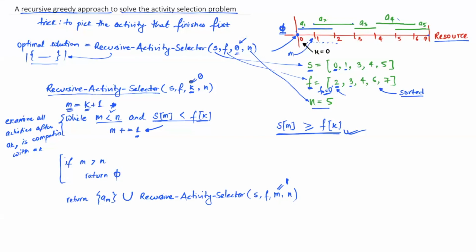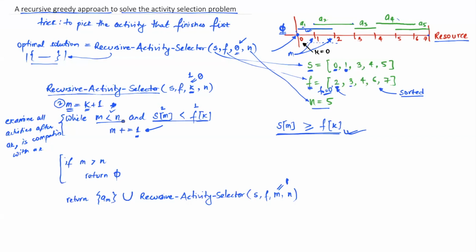So now next time when we call this, once we call this function, we set m equals k plus 1. So here next time k comes in as 1. So m becomes 2. Then now m is pointing to 2. So we've already selected this activity as our first activity. And then we check, is the start time of S2 less than the finish time of 1? So the start time of activity 2, is it less than the finish time of activity 1?